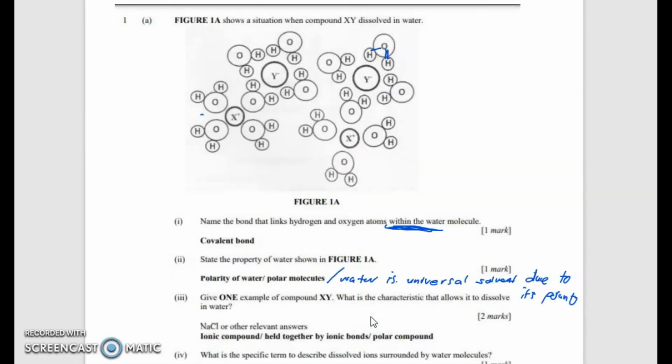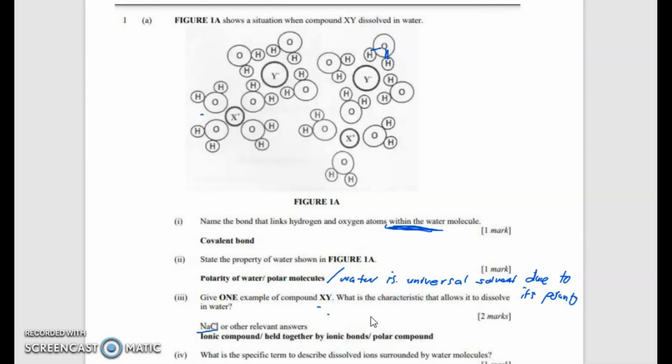Okay, next. Give one example of compound XY. What is the characteristic that allows it to dissolve in water? You can say that an example of XY is sodium chloride. Can there be others? Yes, any polar compound or any ionic compound.